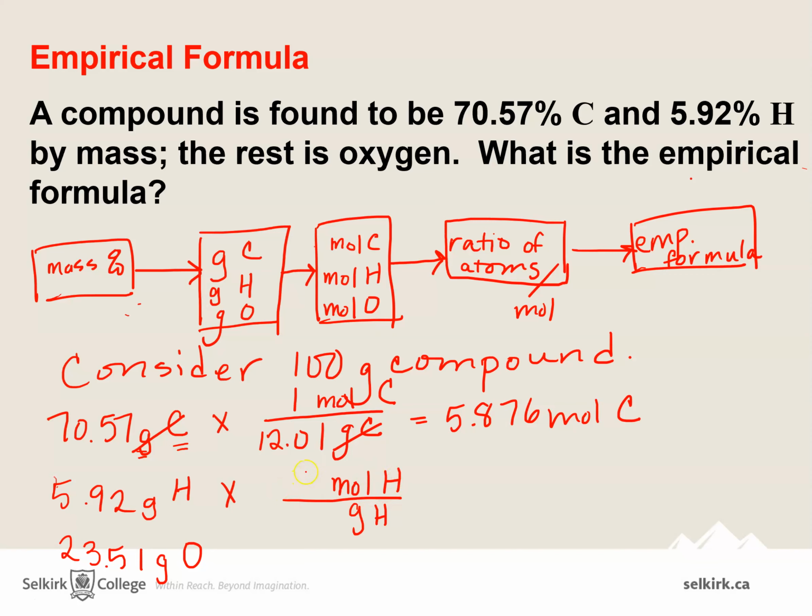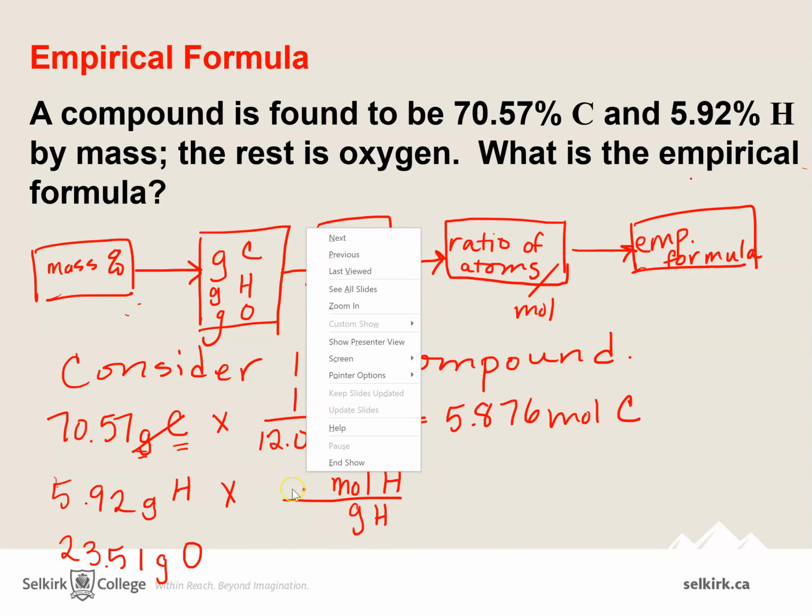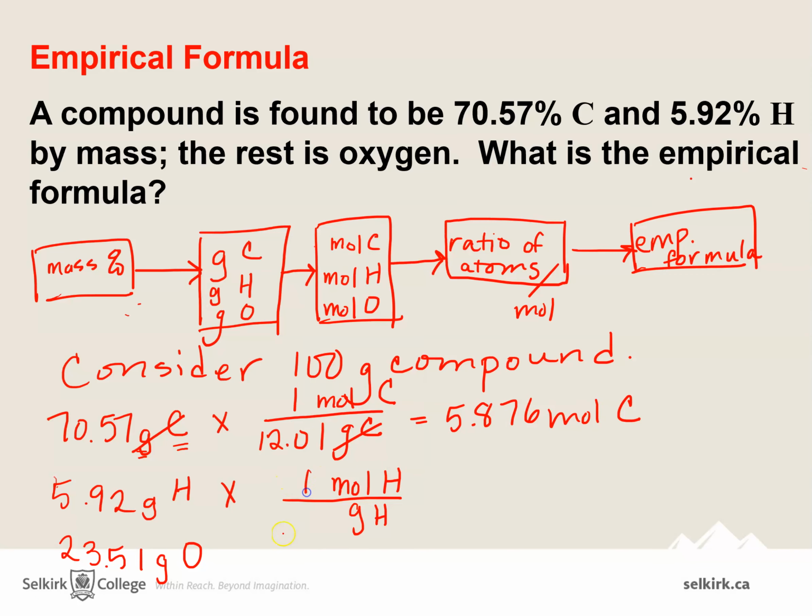Oh, I need the molar mass, the mass of 1 mole of hydrogen. 5.92 divided by 1.008 to the 3 significant figures I'm allowed, 5.87 moles of hydrogen. And I'm going to store in memory 2 the unrounded value.